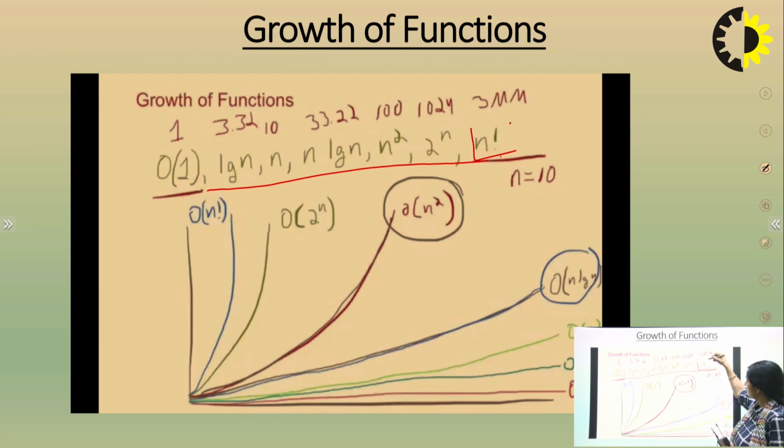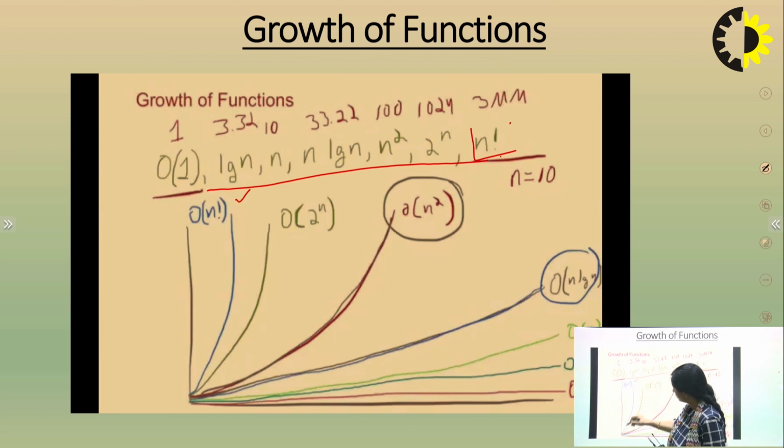So this value is highest as compared to all of these values. So you will draw this like this, because this is the worst case, maximum number of steps, maximum value. Now next is 2 to the power n.